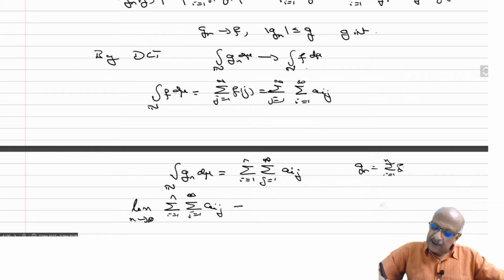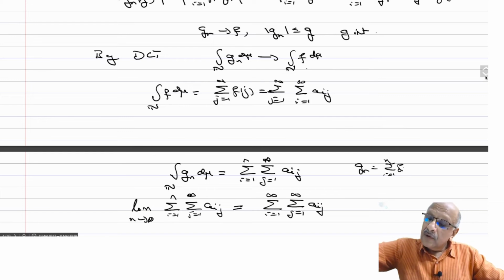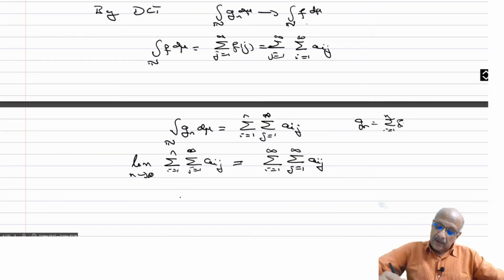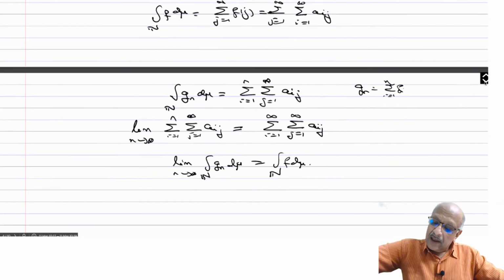This is just a finite series, and therefore this is nothing but the sum from i equals 1 to infinity of the sum from j equals 1 to infinity of a_ij. So the limit as n tends to infinity of the integral of g_n d mu equals the integral of f d mu.